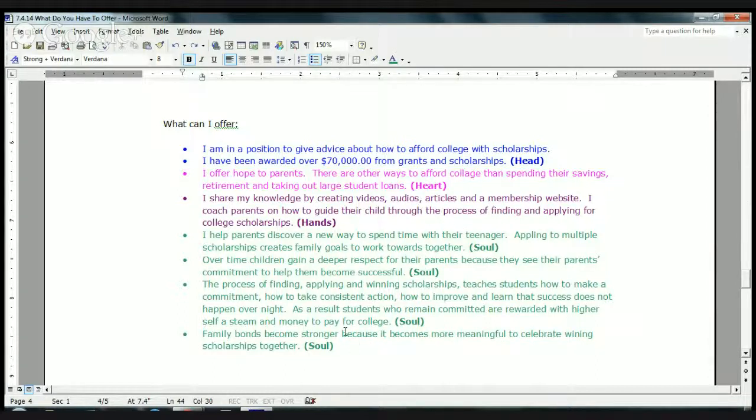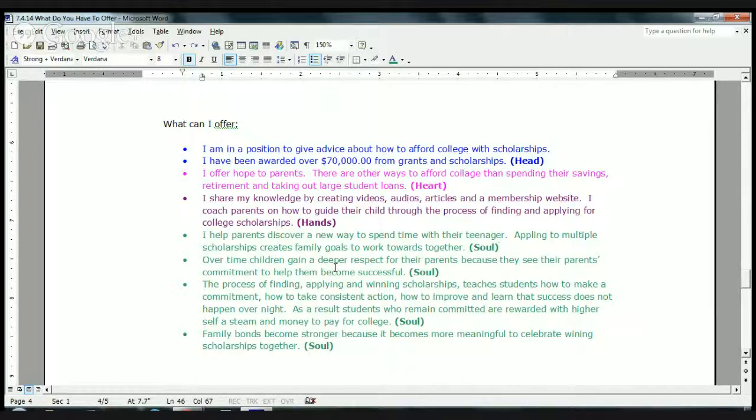And then what surprised me is how much I wrote about the soul, my purpose. I talked a lot about taking it to the next level for parents, discovering a new way to spend time with their kids, teaching their kids by guiding them. Sometimes parents don't know how to guide them, and so they need coaching themselves.